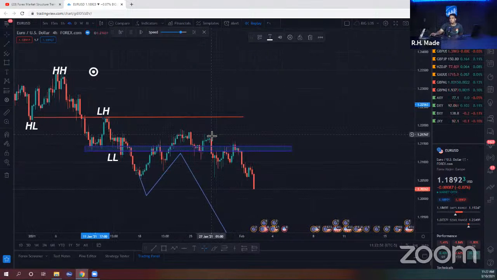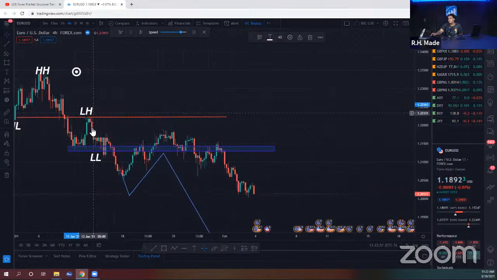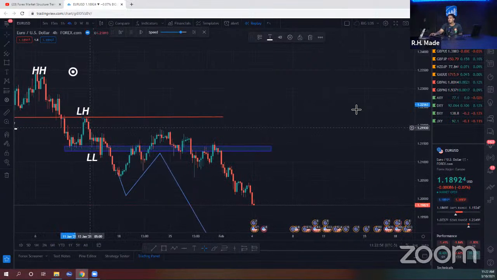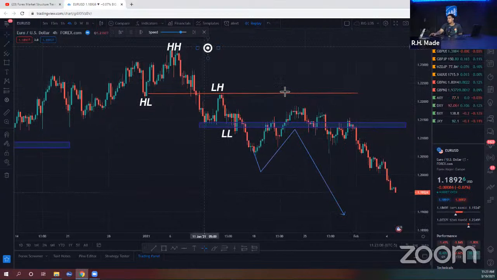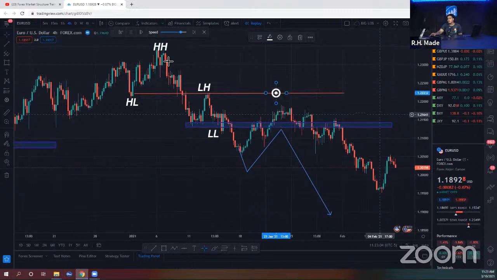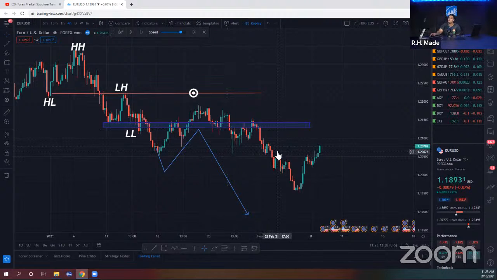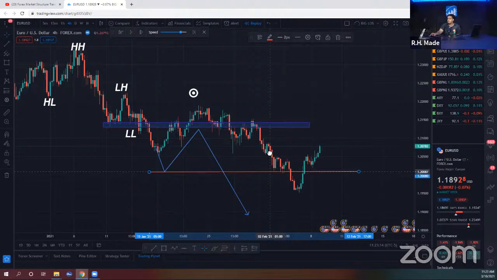Okay, so it didn't get quite all the way to the lower high, which is cool. We missed it, didn't anticipate it to reach up to here. So we missed that entry. It's cool. The market's always going to give you other entries. I promise, it's going to give you multiple entries for a trade.